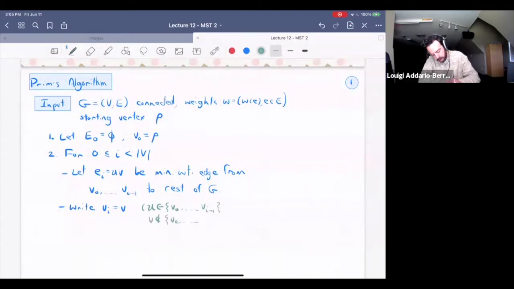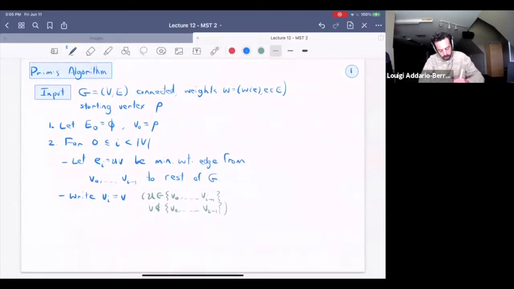It's not in the set of previously explored vertices. Okay, and then we add this new edge to the growing edge set. So E_i is E_{i-1} union this new edge, little e_i.